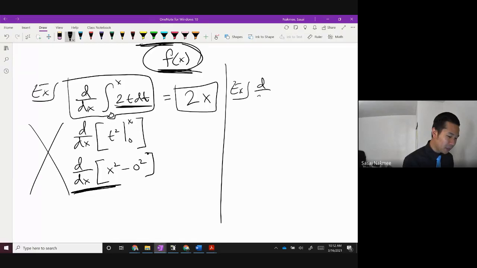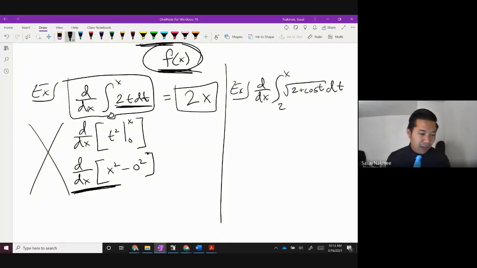If I was taking the derivative of an integral function that goes from 2 to x of the square root of 2 plus cosine of t dt, I don't know what the antiderivative of the square root of 2 plus cosine of t is.